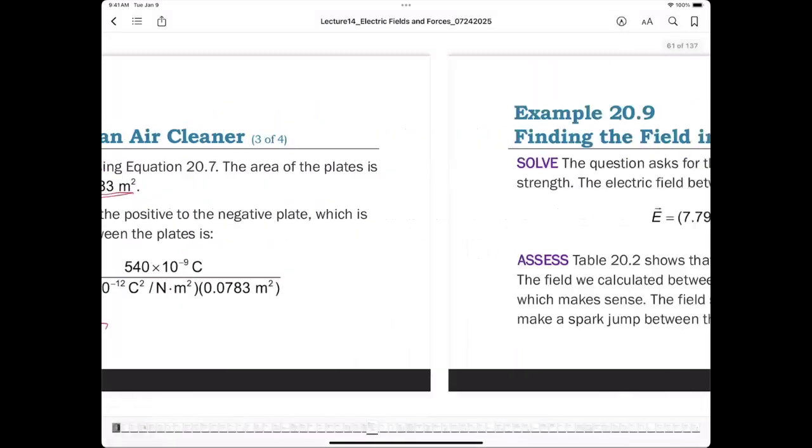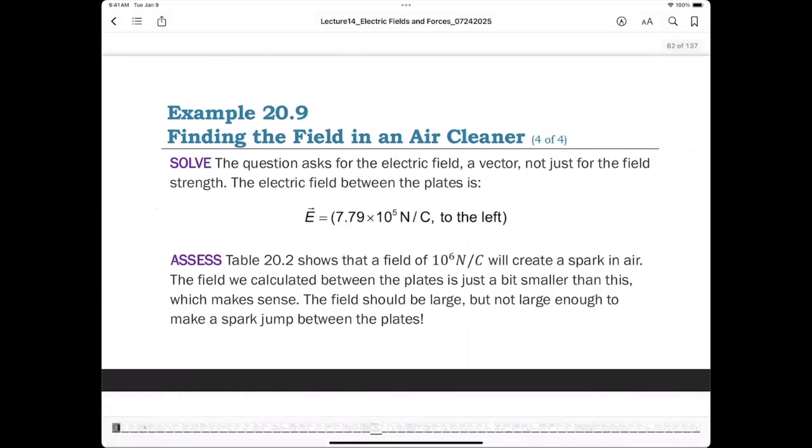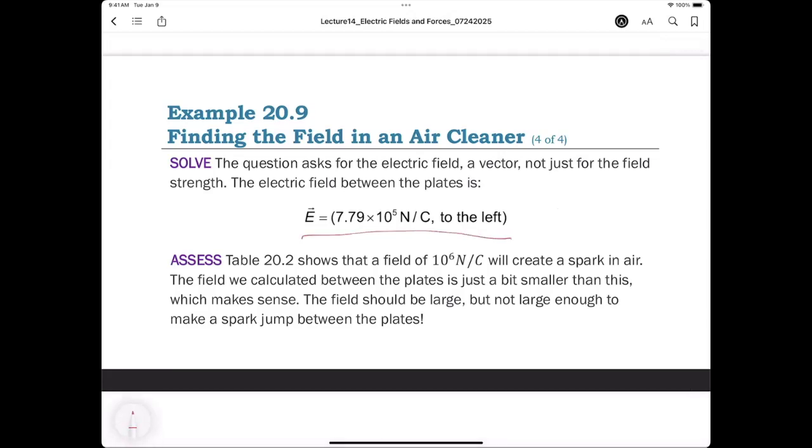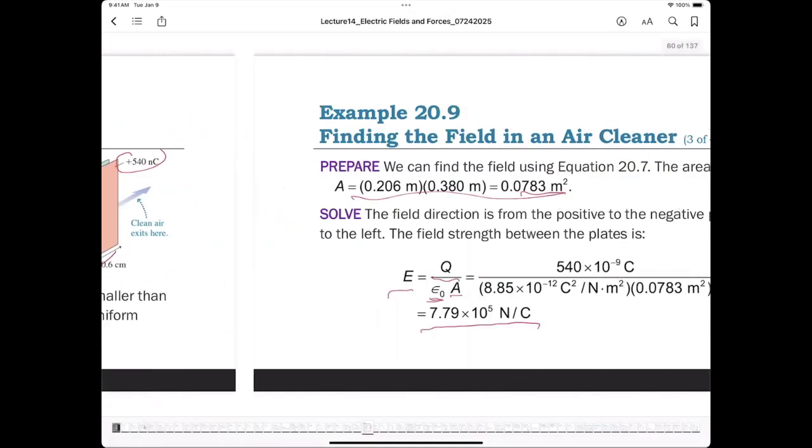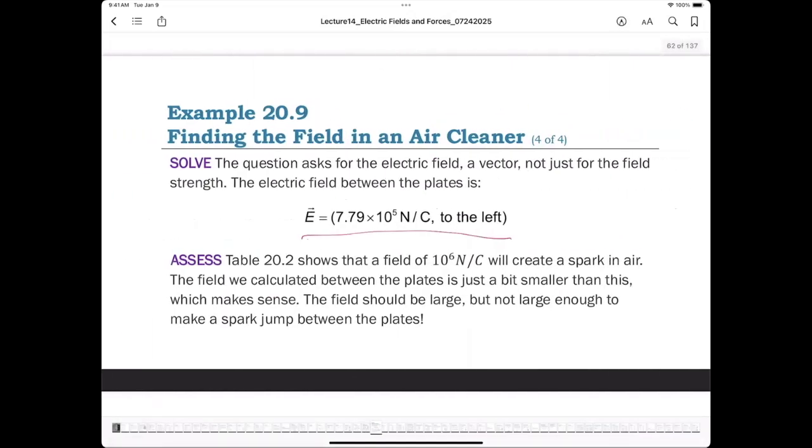The question asks for the electric field, a vector, not just the field strength, so pay attention to that and point out the direction. You can see that Table 22 shows that a field of this size will create a spark in air.